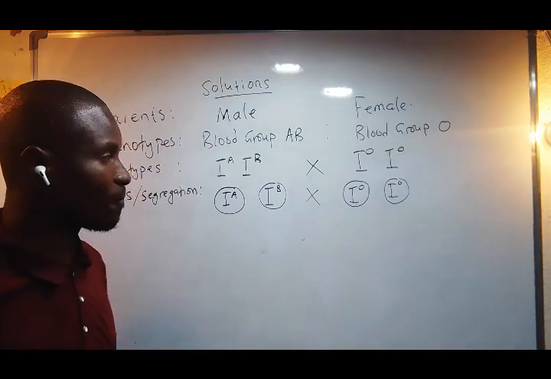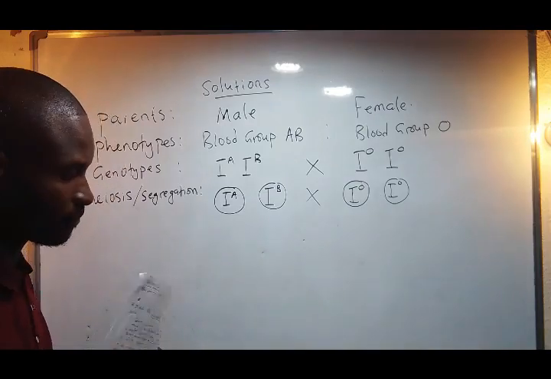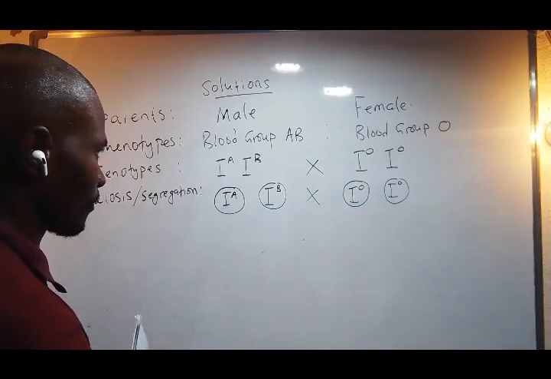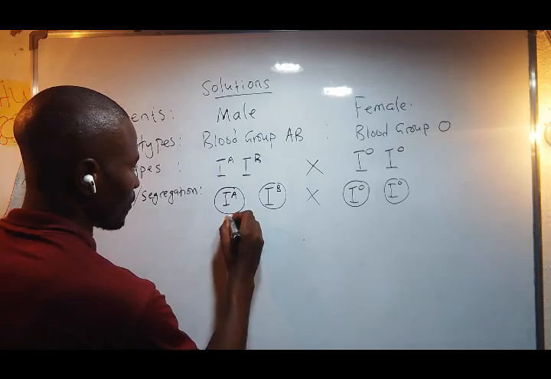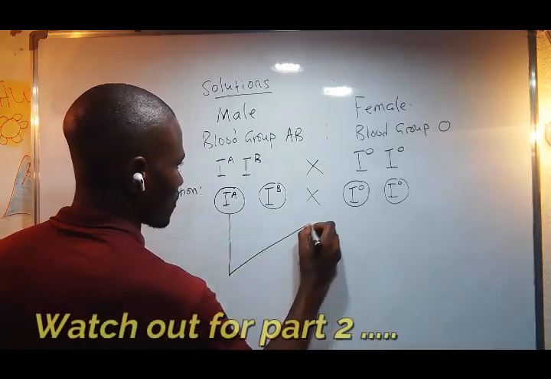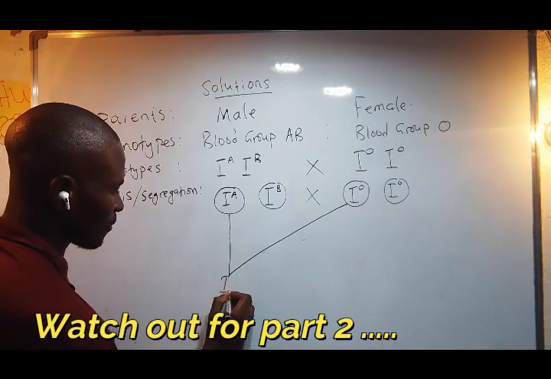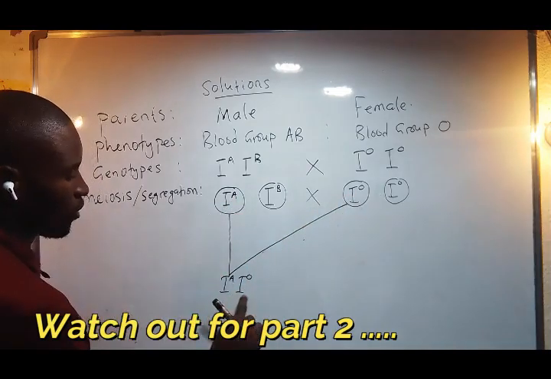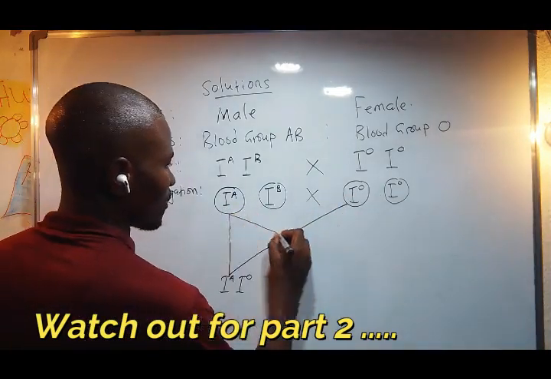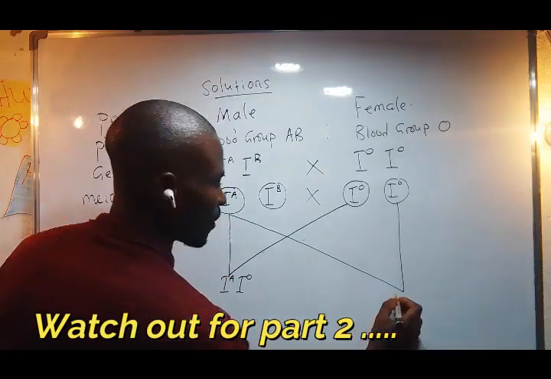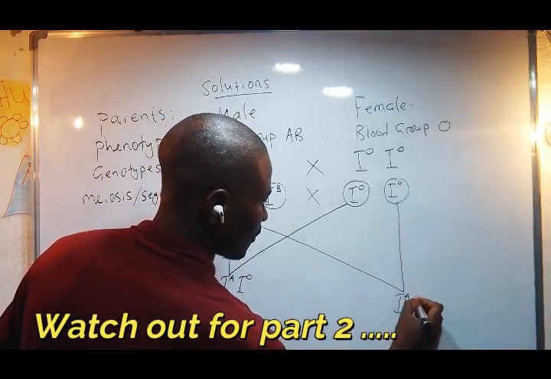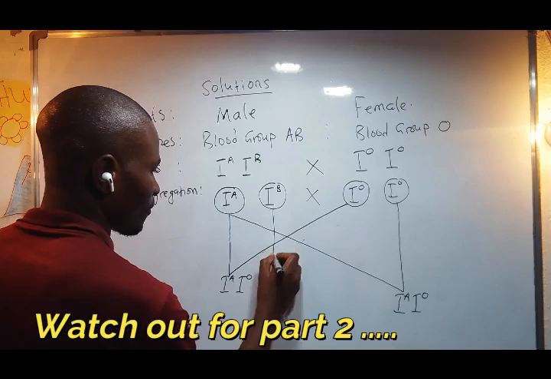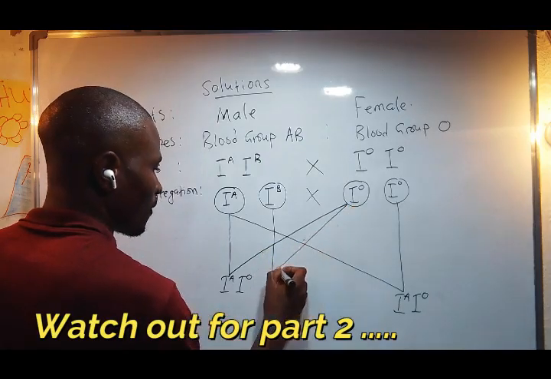So now, once we do that, we can start crossing over. This is going to match with that, then we're going to have that. So A and O, you're going to have that. And then this one can go with that one. And then this one can go with this one.